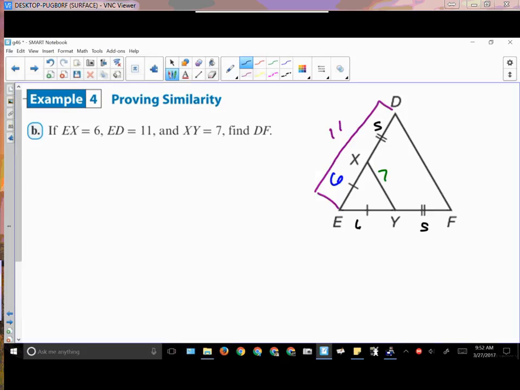Because what should happen here is 6 and 11 should be equal to, let's see, 7 and DF, right? Because that's what I'm looking for, down here. Did I set that up right?